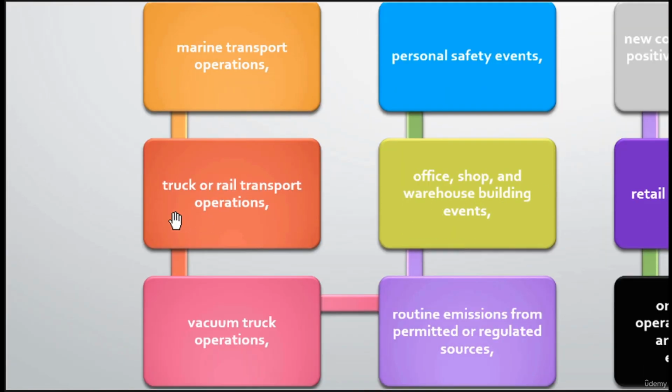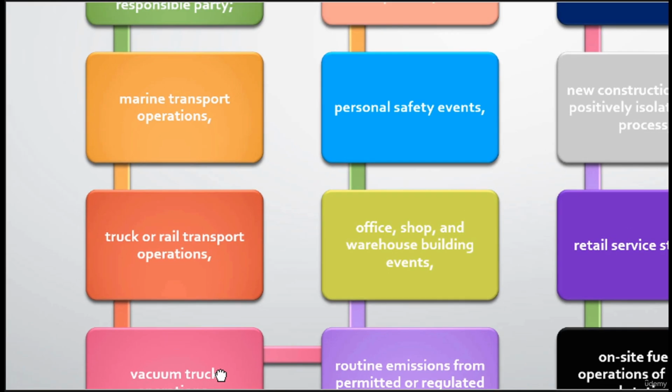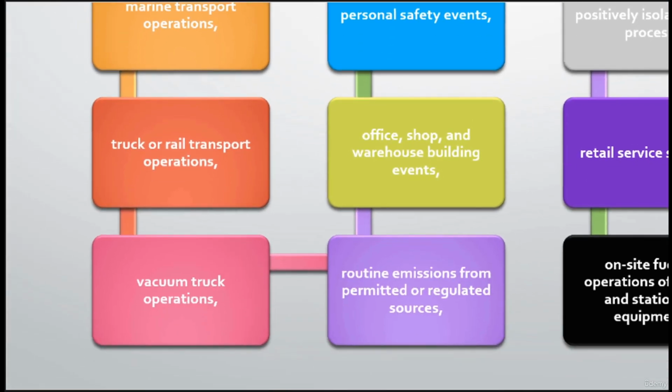Number three is truck or rail transport operations, with an exception also: when the truck or rail car is connected or in the process of connecting or disconnecting to the process, or when the truck or rail car is being used for on-site storage. Number four is vacuum truck operations, and the exception is when the truck is in loading or discharging operations, or when the vacuum truck is used as a transfer pump.